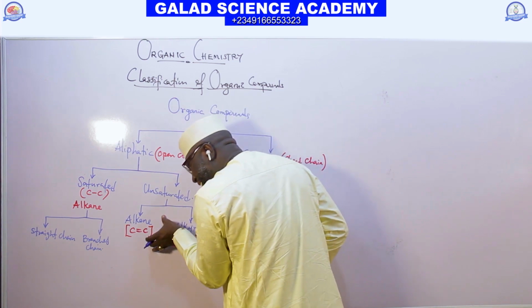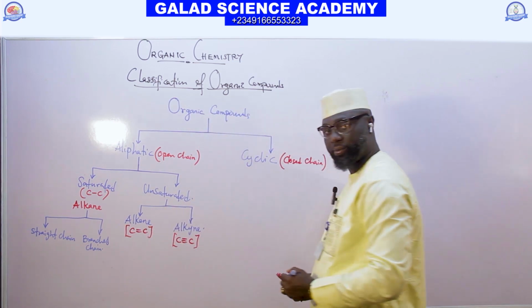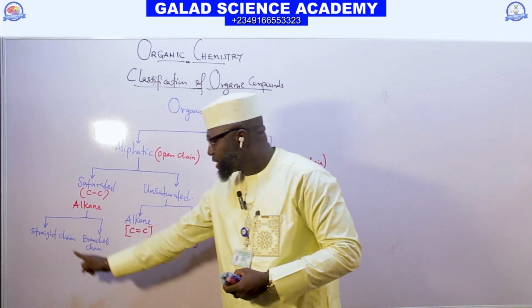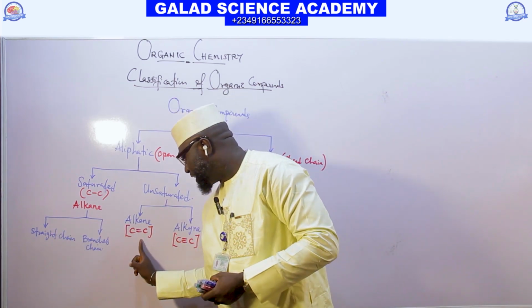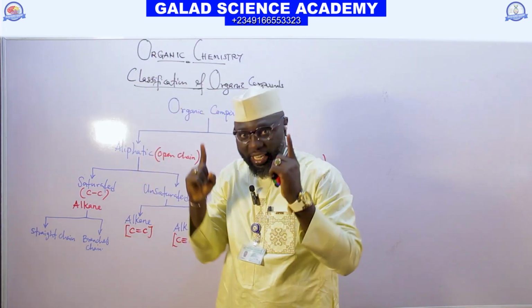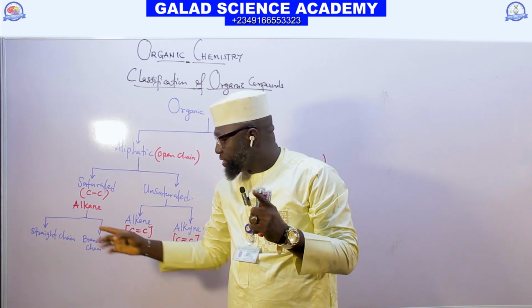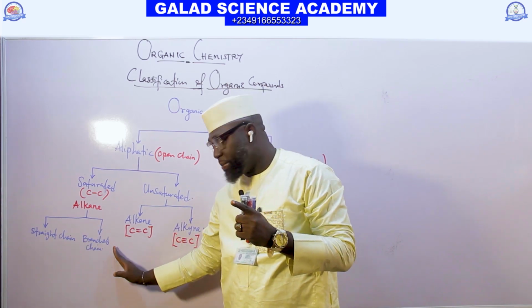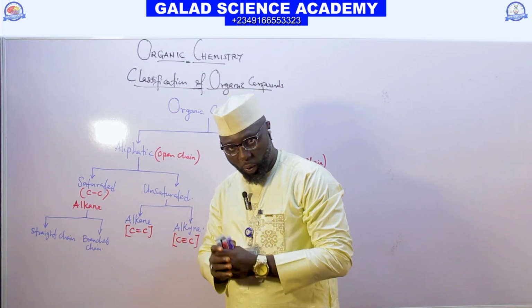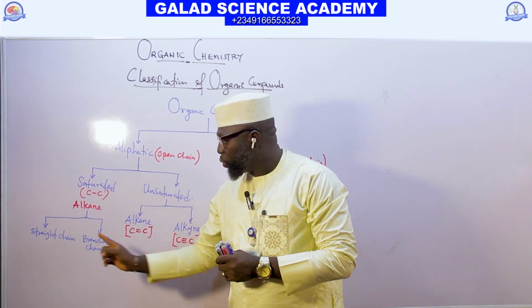Likewise for the alkene and alkyne. In short, aliphatic compounds can exist in two forms, straight chain and branched chain, and they are also called open chain compounds.